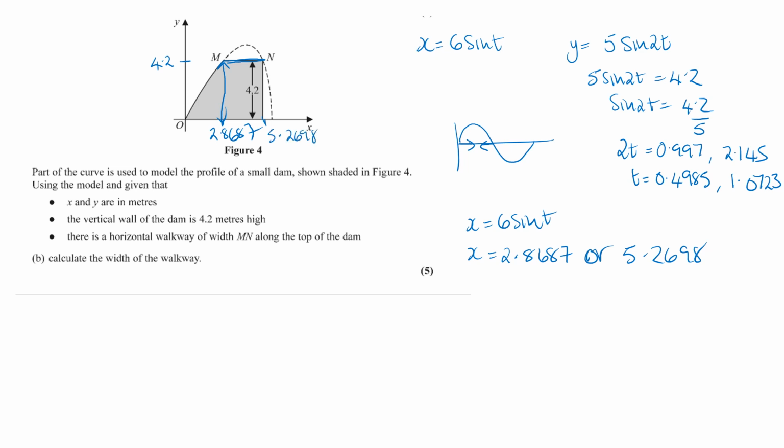And then all we need to do to find the length of the walkway is take them away from each other. And if you do that on your calculator, you get 2.40, so it's 2.4 meters wide.